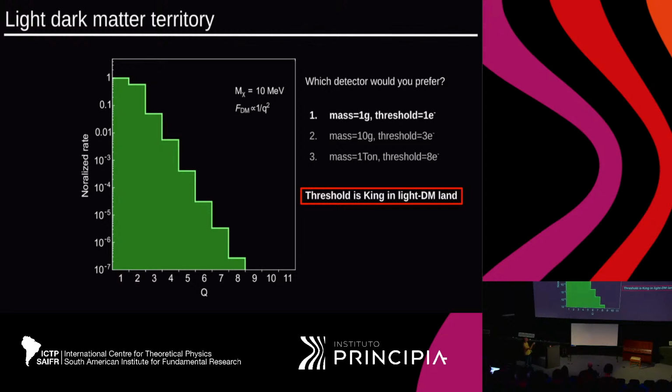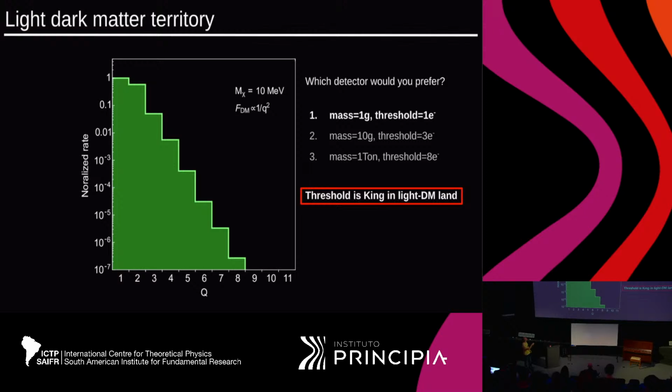The mass of 1 gram and 1 electron will give you a rate in these normalized units of 1, okay, whatever. Then a mass of 10 and a threshold of 3, so 3 is here, that is something smaller than 0.01, okay? So 10 times this is still going to be less than 1, okay?